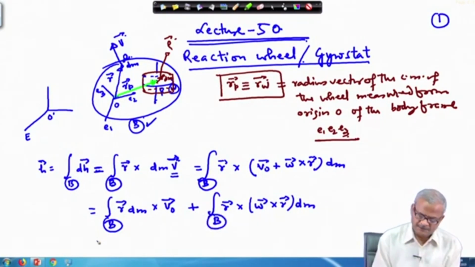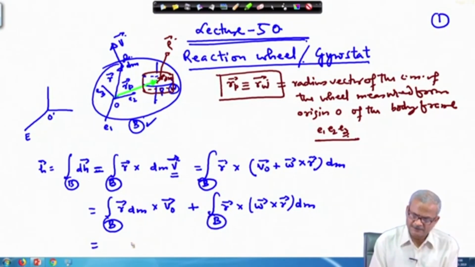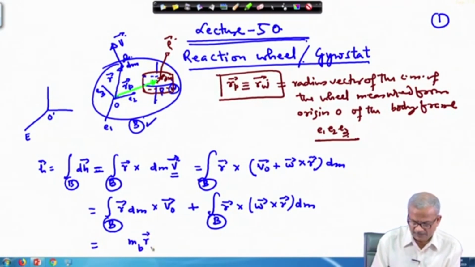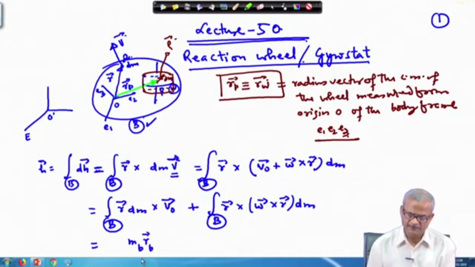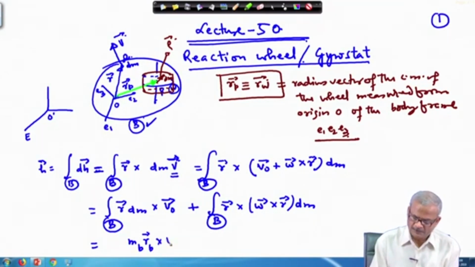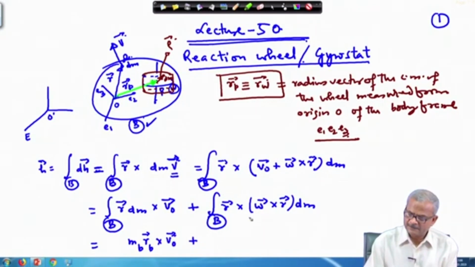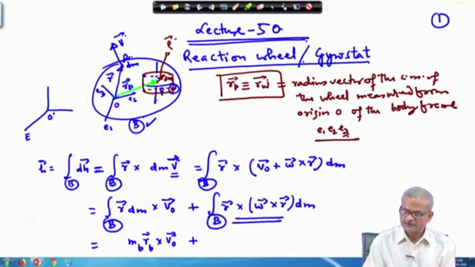Okay. So, r d m integrated gives the location of the center of mass of the body, so this is m body r center of mass of the body cross V 0, and plus this quantity, as we know, is the angular momentum.